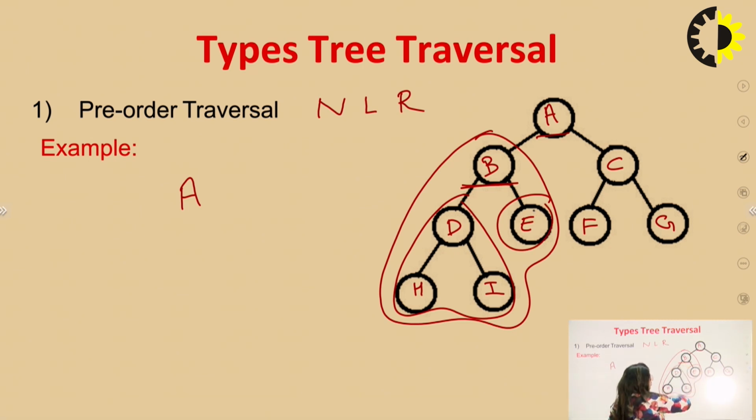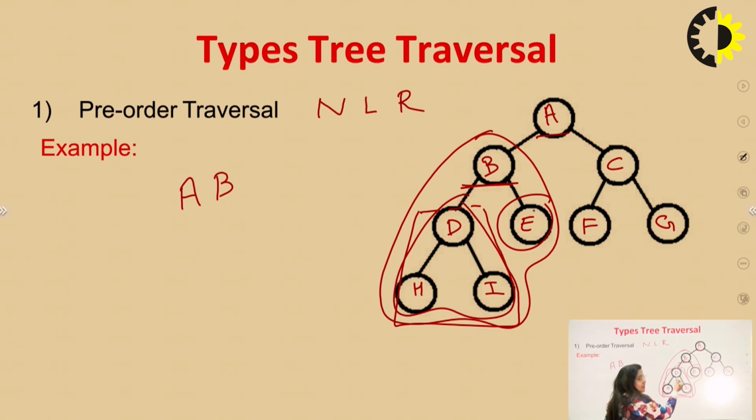According to the left, this is a root, so we use B as a root. Now comes the left side, which is D. D is also a binary tree: it works as a root, with a left and a right.